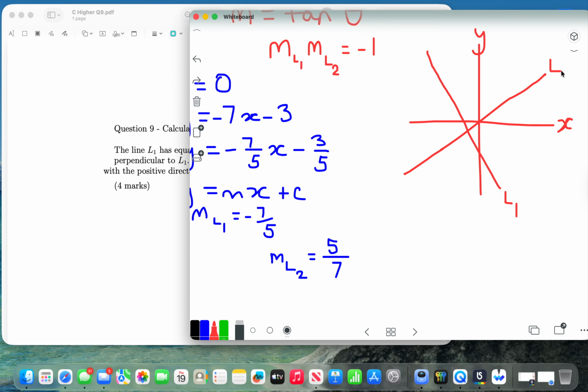I know this is a bad sketch, but you will notice that these are perpendicular, and we have L2. And we know the gradient is 5 over 7, and the angle with the positive direction of the x-axis will be this.